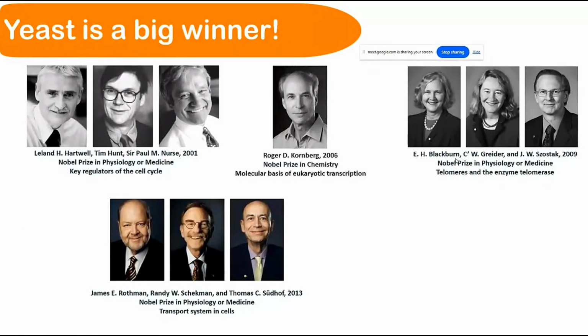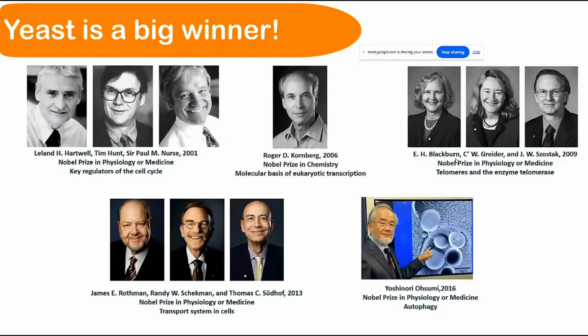So they had their findings on the transport system in cells specifically carried out in Saccharomyces cerevisiae. And so you can see 1, 2, 3, and the fourth Nobel Prize for the work on Saccharomyces cerevisiae.